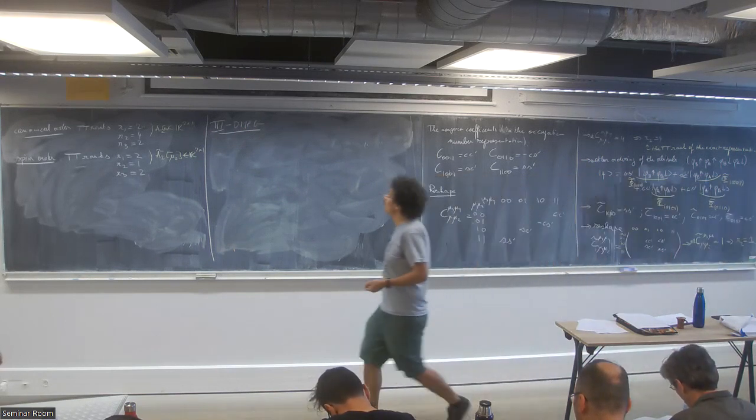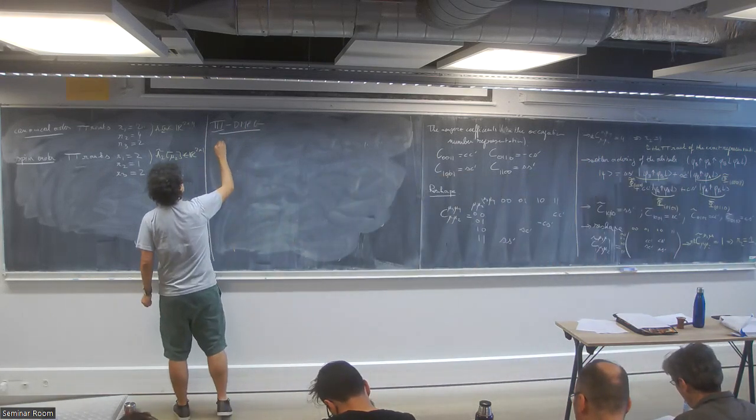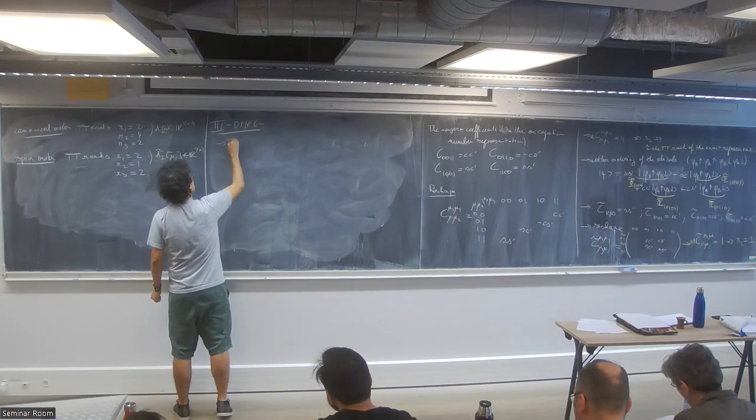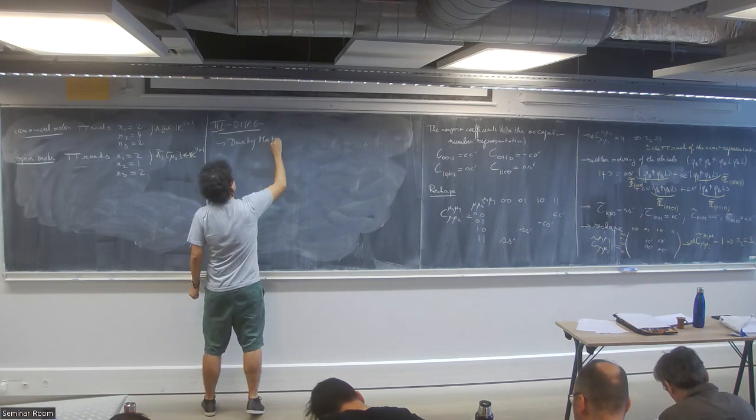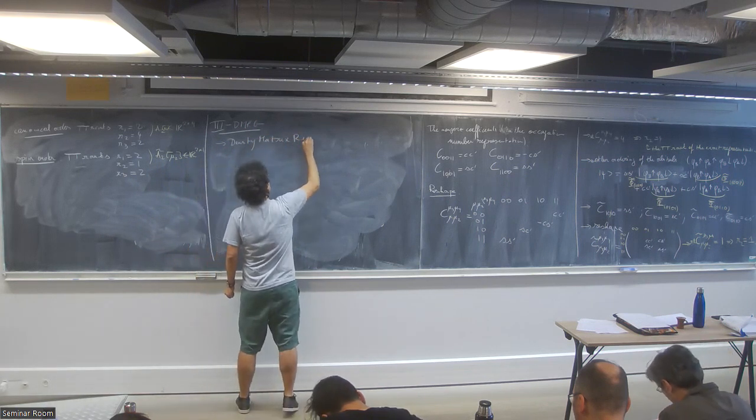So I never said what DMRG stands for. DMRG stands for density matrix renormalization group.